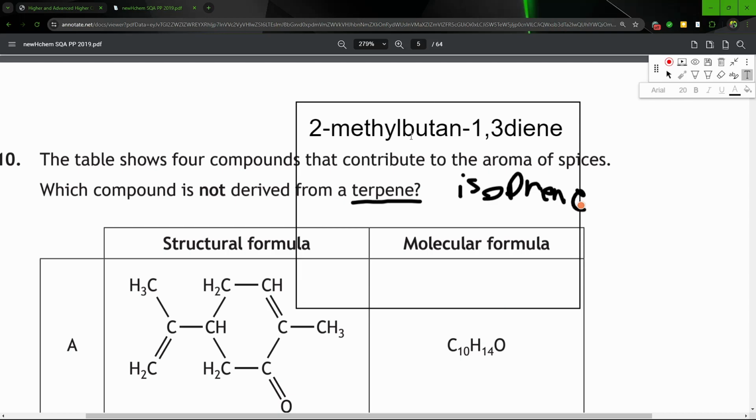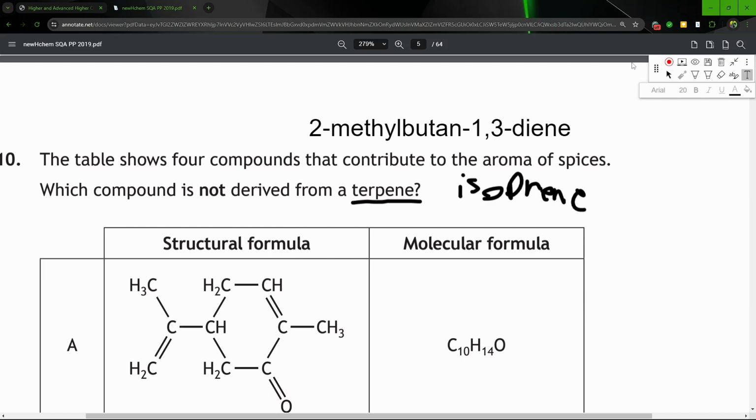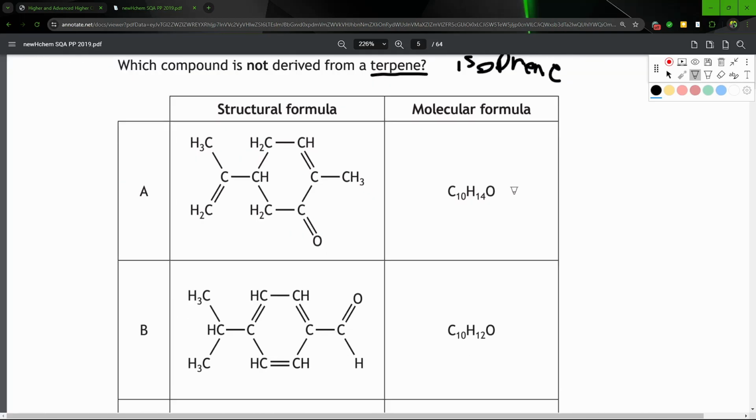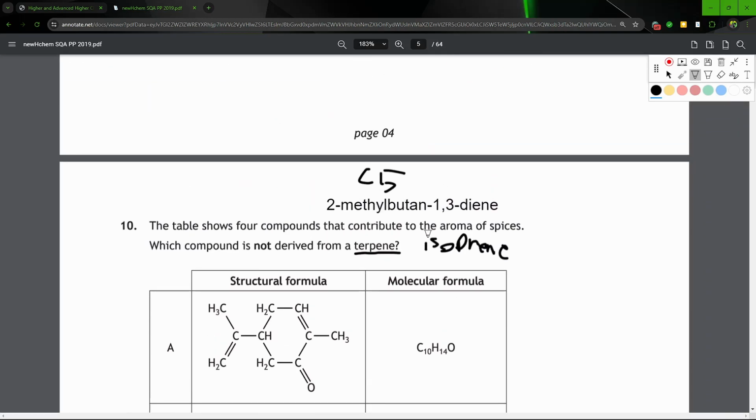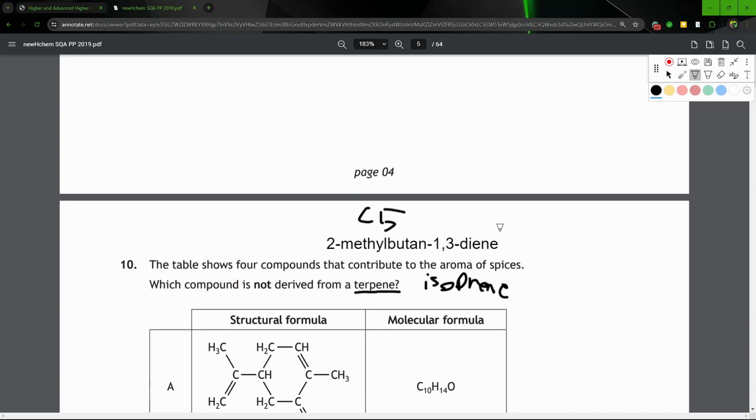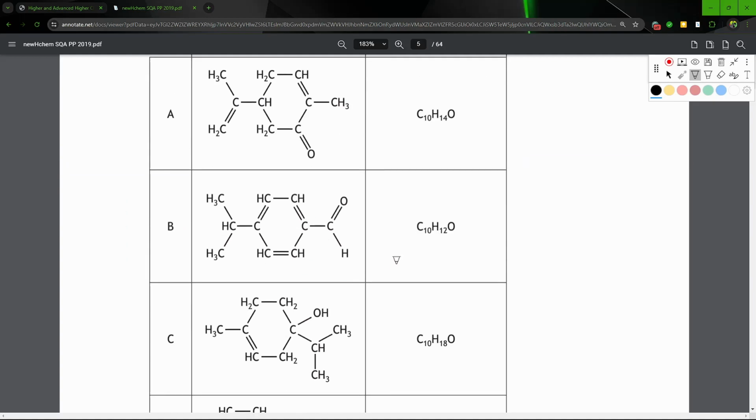Now, the important thing to notice here is methyl and butane, that means it's 1 plus 4, which means there's 5 carbon atoms, right? And a terpene is any chemical that is derived from stacking lots of these isoprene molecules together. But since each isoprene molecule has 5 carbon atoms, that means they must all be a multiple of 5 carbon atoms.